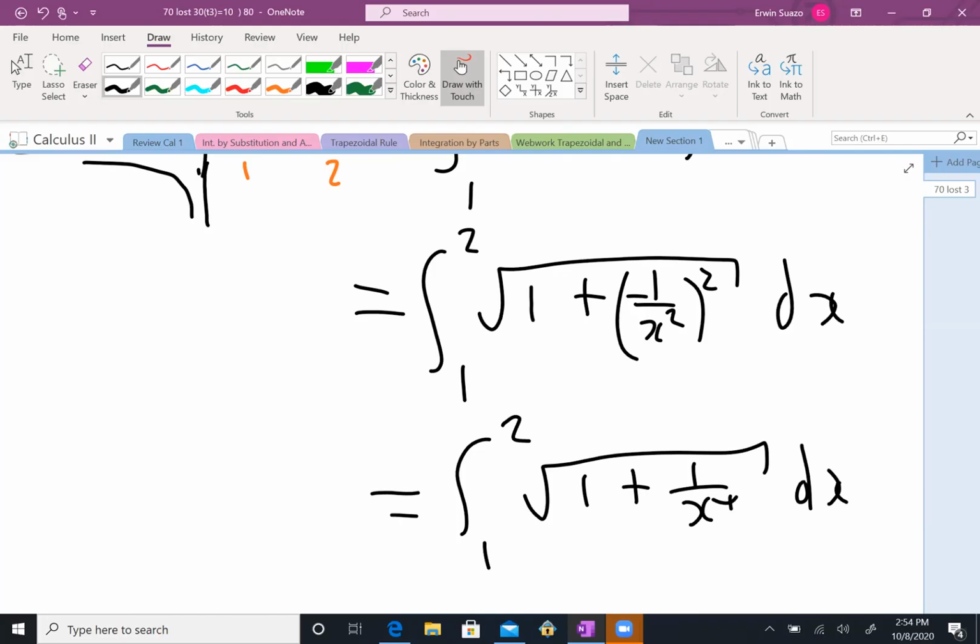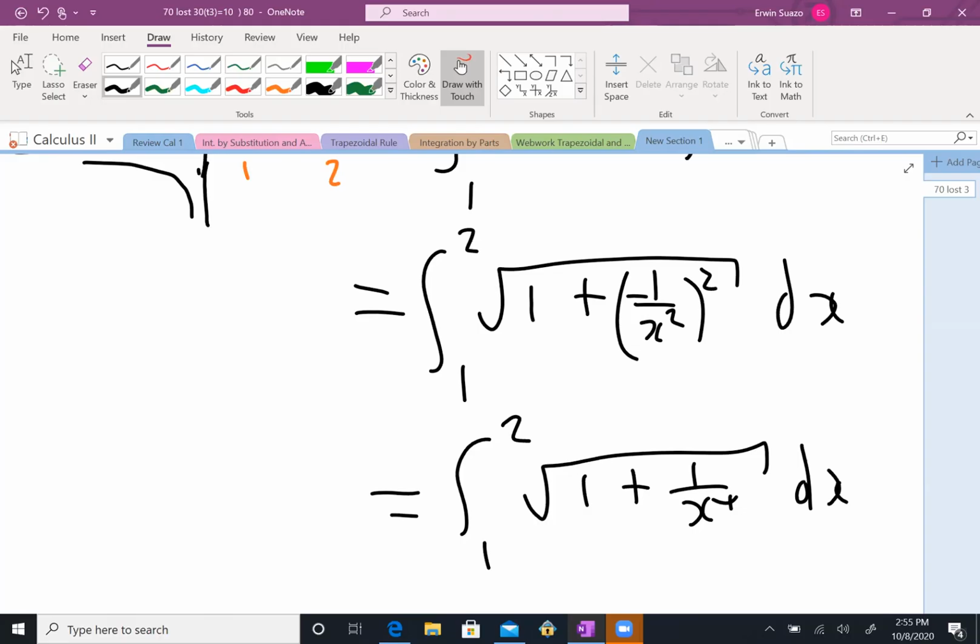So finding this integral could be very difficult. I'm not sure we can solve it. So my advice to you is just use Simpson's rule for this section. For the arc length, you just need to find the value of the length.